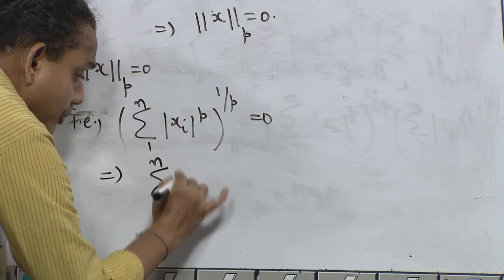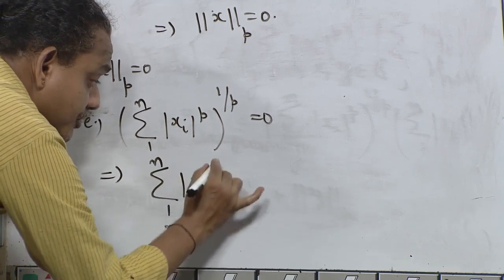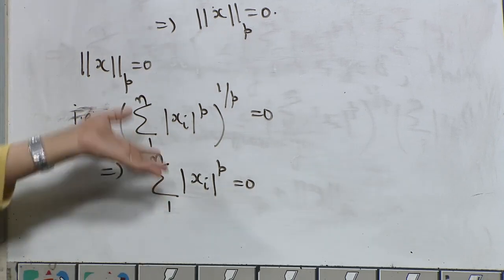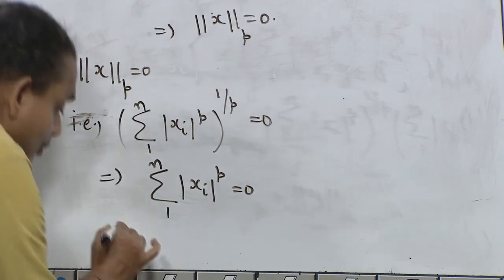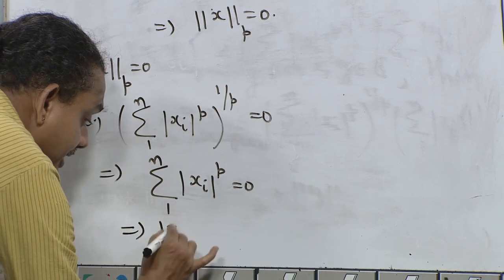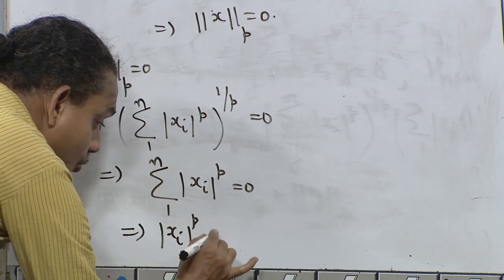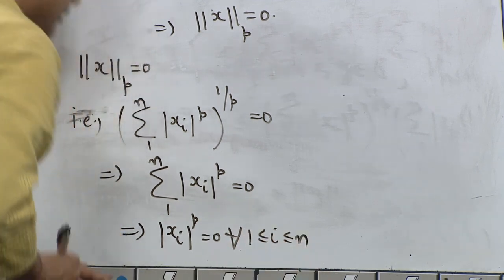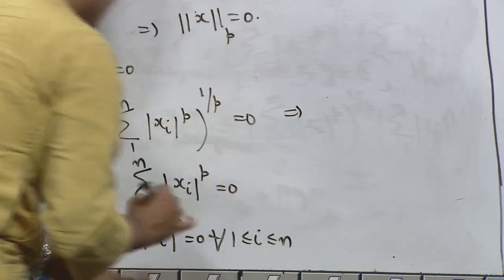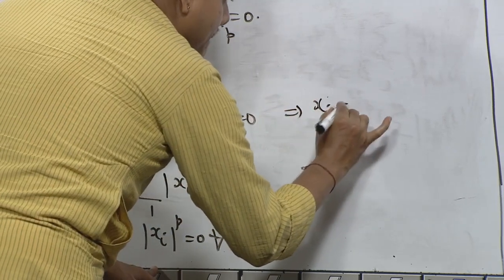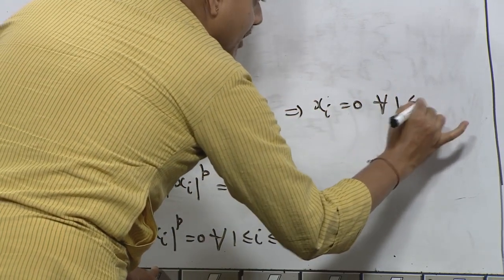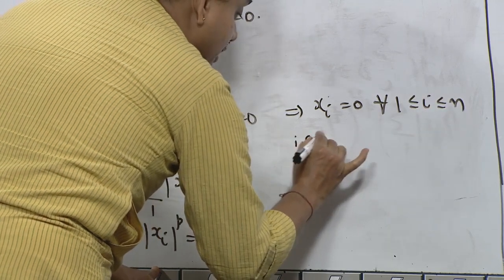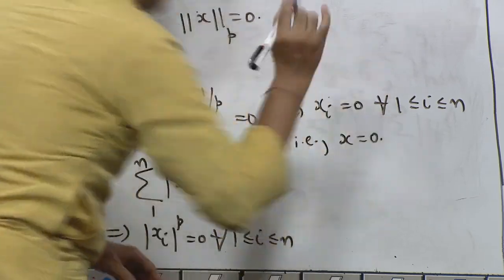We are only looking at the positive pth root, therefore this should be 0. So, this is a sum of positive numbers, so this should imply that mod xi power p is 0 for all 1 less than or equal to i less than or equal to n, and that will immediately tell us that xi is 0 for all i. So, x is 0, we are done.